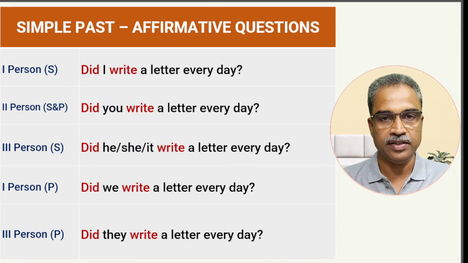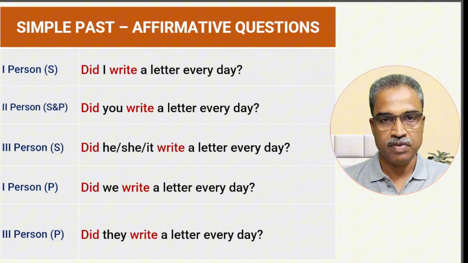Did she write a letter? Did it write a letter every day? So, similar pattern. There is no change. It's easy. The only thing you need to remember is we need to start a question with an auxiliary verb, and in the simple past tense it is did. After did, we need to use the subject and the verb, the remaining things.